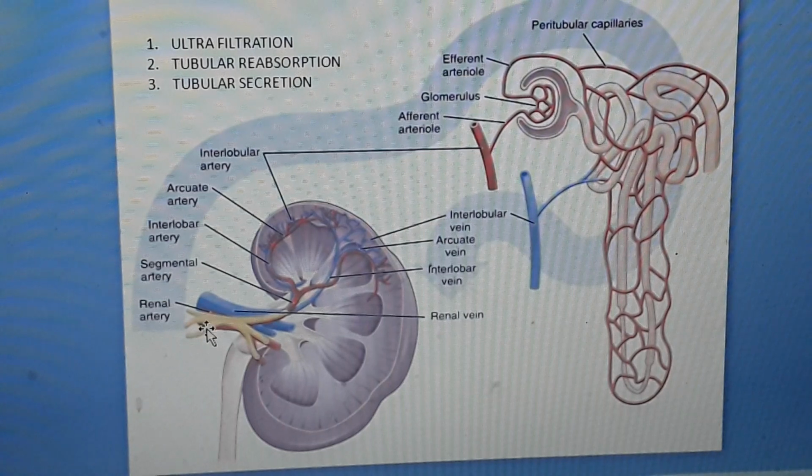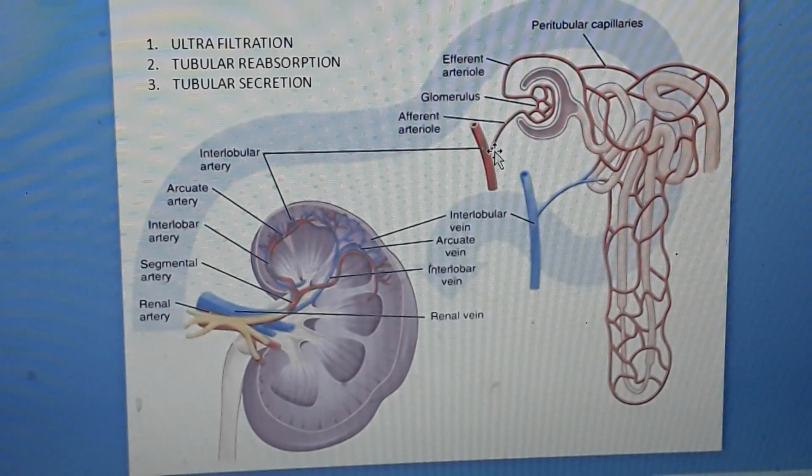The blood vessel which brings blood to the kidney is called the renal artery, which further divides to form the arteriole. The arteriole which takes the blood into the Bowman's capsule is called the afferent arteriole. The diameter of the afferent arteriole is larger in comparison to the efferent arteriole which takes away the blood from the Bowman's capsule.